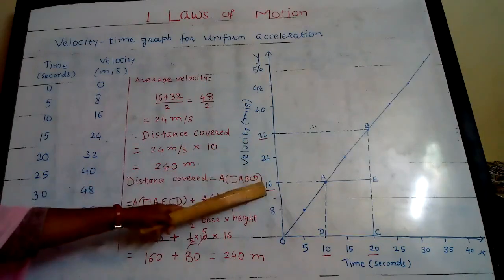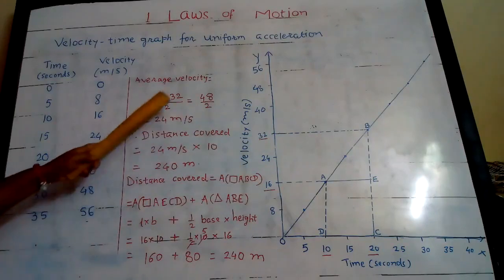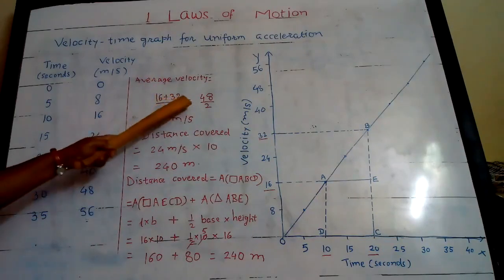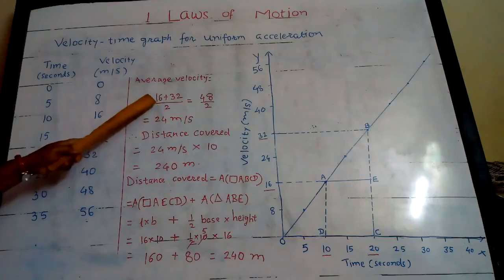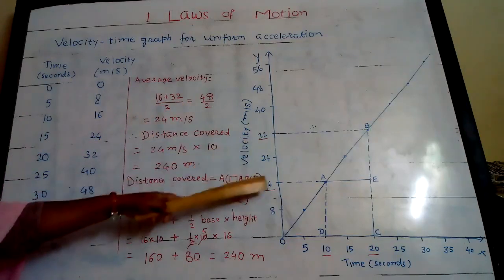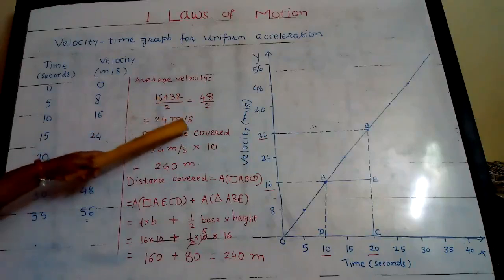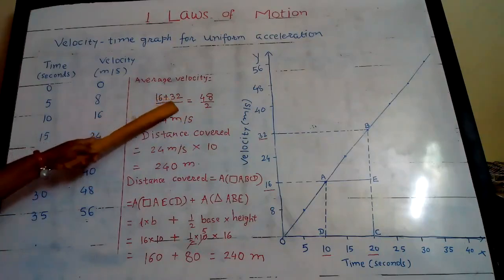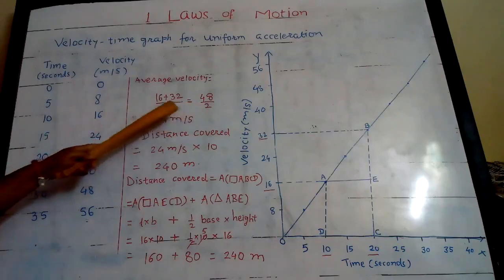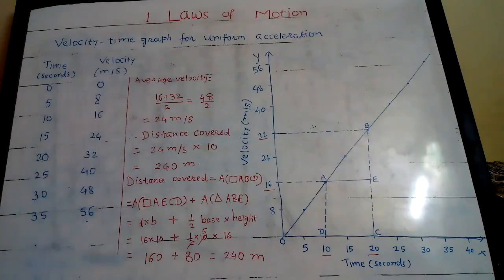Add 16 plus 32 and divide by 2, since we have taken two numbers. So 16 plus 32 is equal to 48, divided by 2, that is 24 meters per second. That is the average velocity of the car between the given time, 10 and 20 seconds.